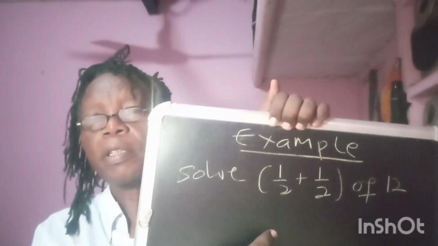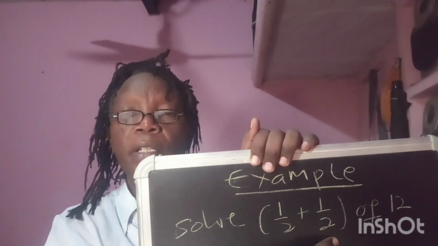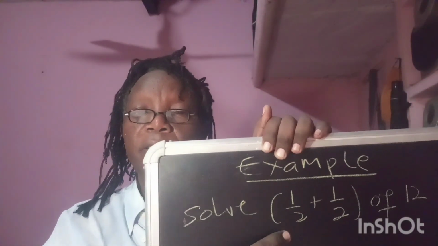You solve this. If you know anything about how to add fractions, this is a fractional expression. You have to find the least common denominator. In this case it's 2. So we have 1/2 plus 1/2. It's actually 1.